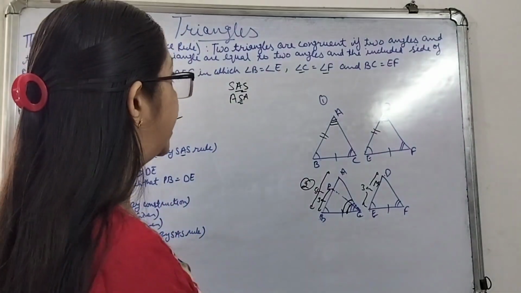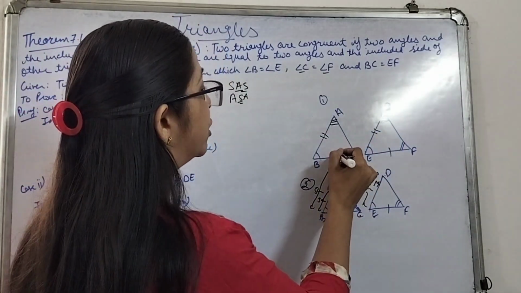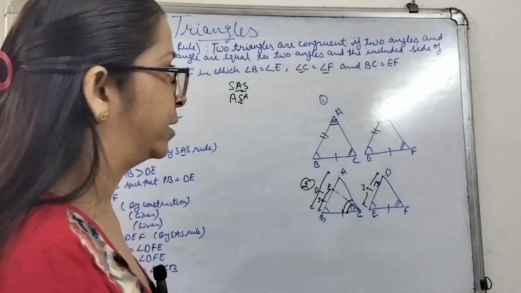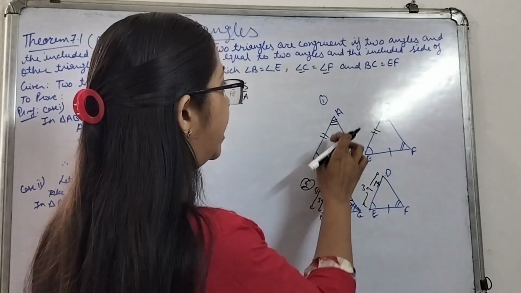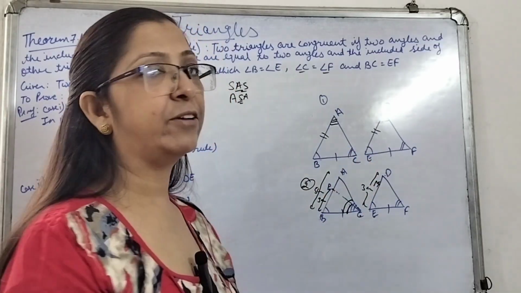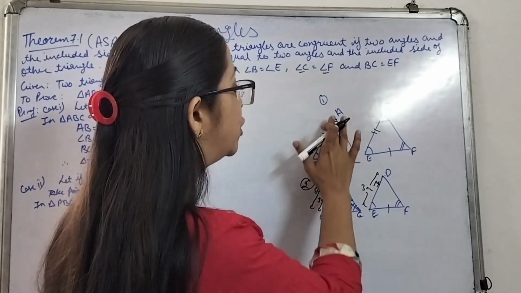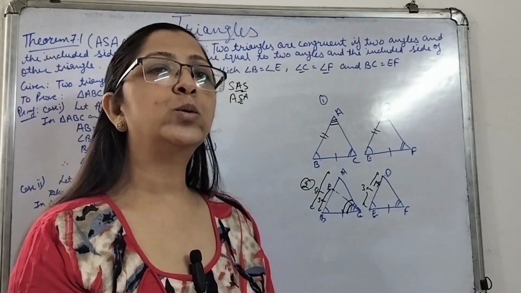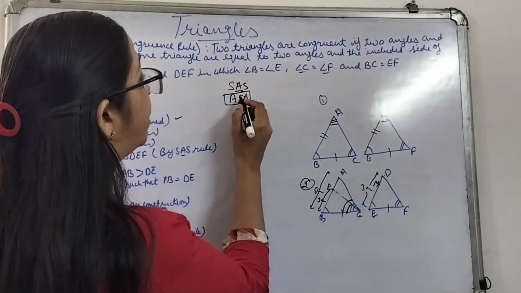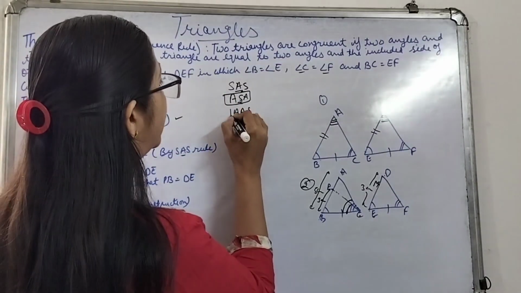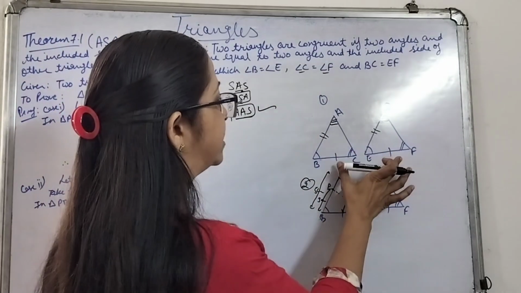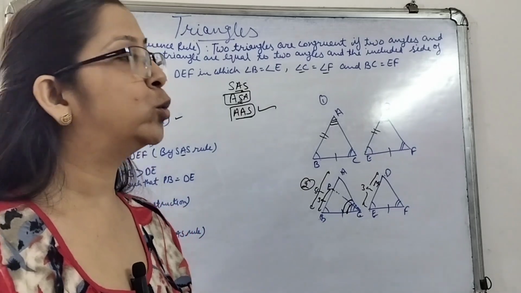That simply means we can say that in such cases, the side which is equal need not compulsorily be the included side. If instead of these two angles, angle A is equivalent to angle D and angle B is equivalent to angle E are given to you, and the side which is equal is not the included side, then also the triangles will be congruent. That simply means the ASA rule is applicable, but along with that the AAS rule is also applicable, because it is not compulsory that the side which is equal should be the included side.